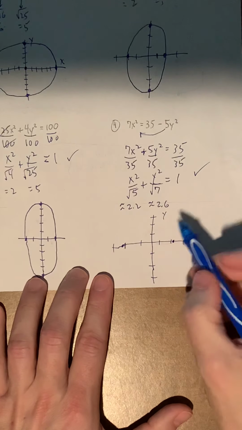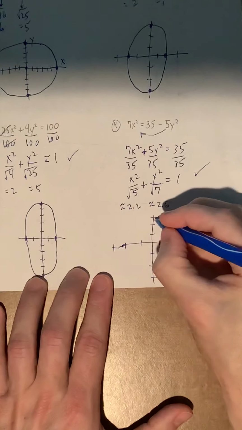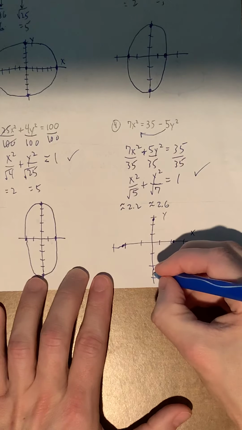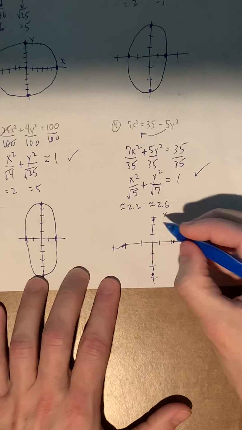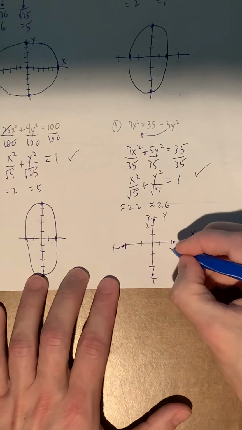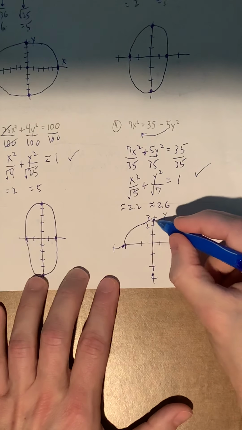And in the y direction, about 2.5, a little bit past 2.5. And then once you have your points, so this would be 2 and 3, 2 and 3. And then you can make your ellipse.